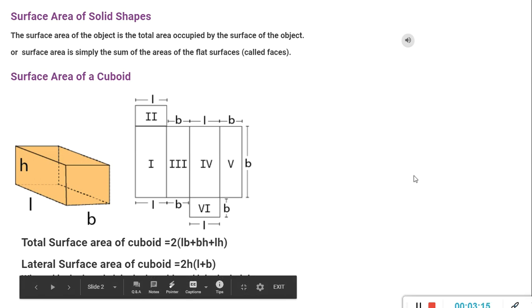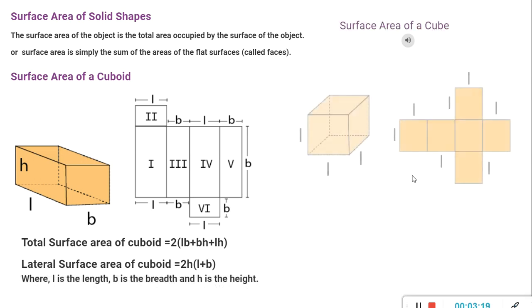Now same way we can see the area of a cube. How many faces does a cube have? 6 faces. Each face is a square. What is the area of a square? If the side is L, then L square will be the area. If it is A, then A square will be the area. Then what would be the surface area of a cube? How many sides? 6 faces are there.